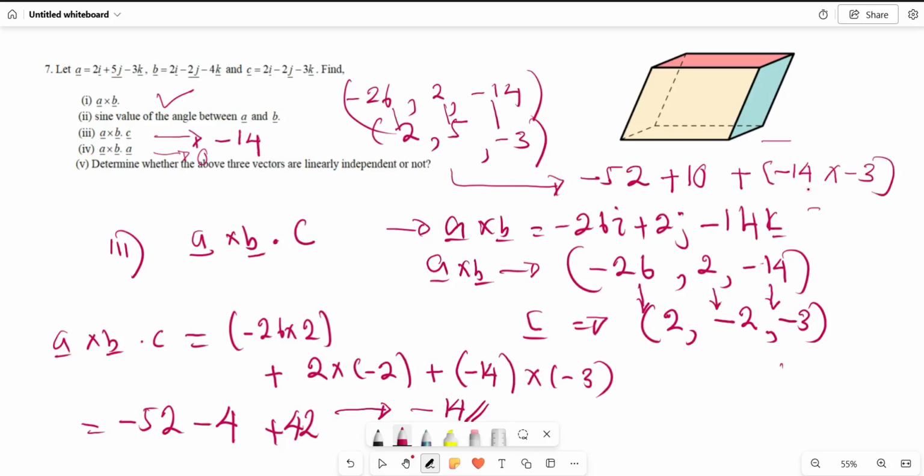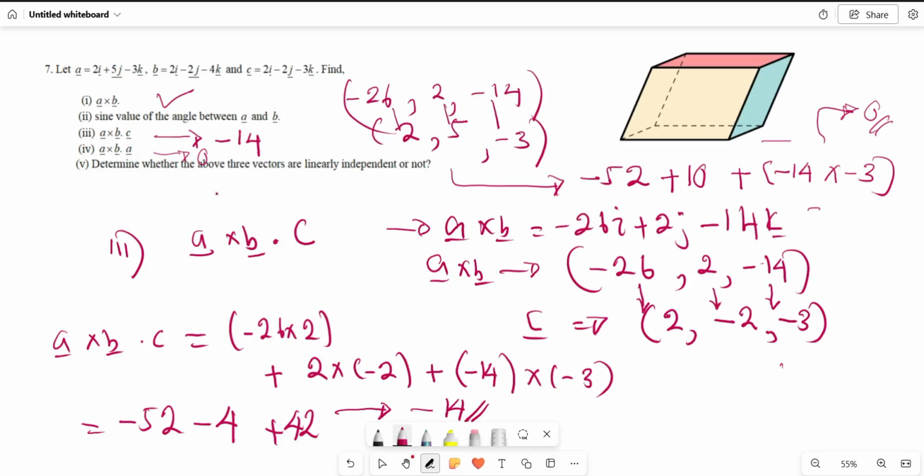Plus 42 and 10 is plus 52. Plus 52 minus 52, your answer is 0. So if you calculate, you also get the answer as 0, and conceptually it is also 0. So the answer is 0 for this one.